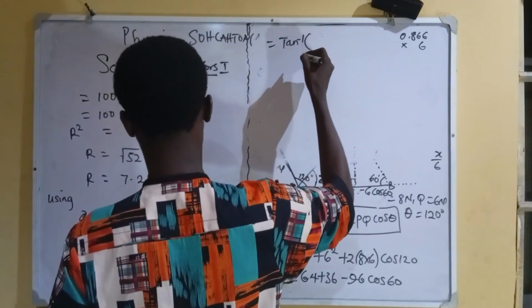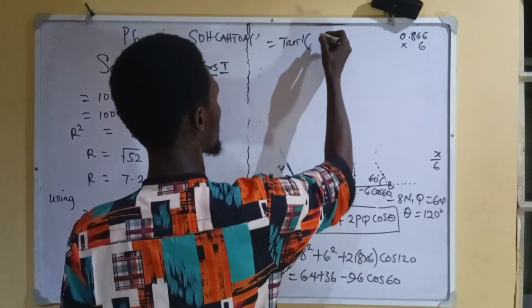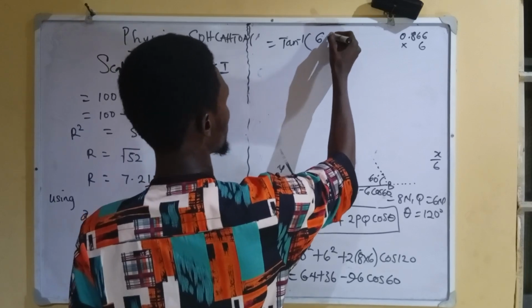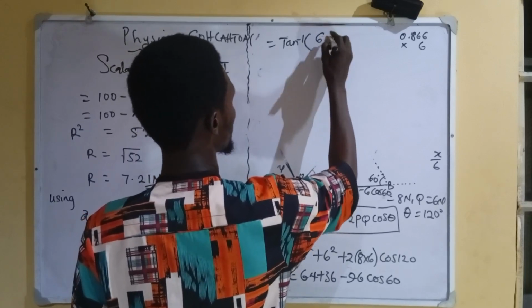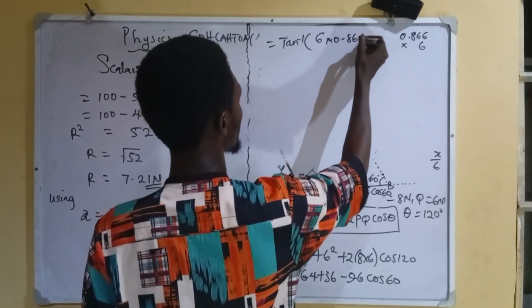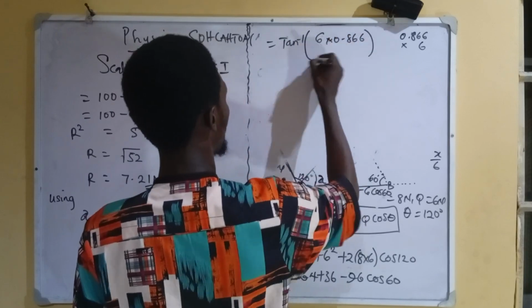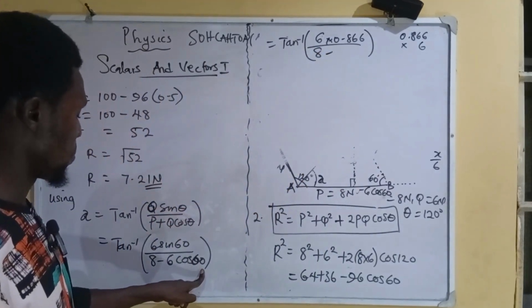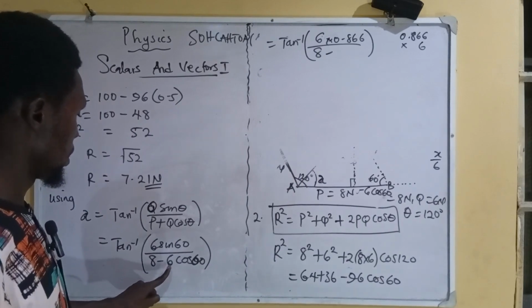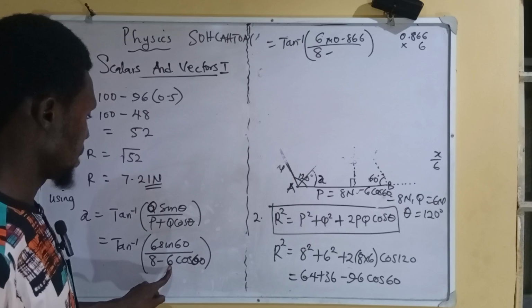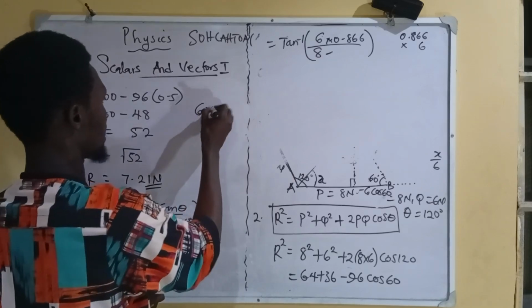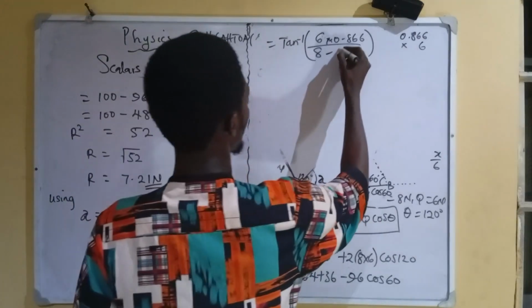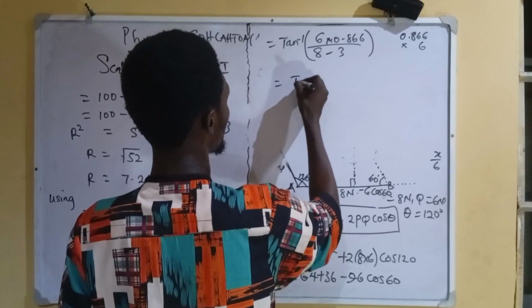So you have here 6 times 0.866 all over 8 minus, this one is 0.5, so 6 times 0.5 would be 3, and 8 minus 3 is 5.